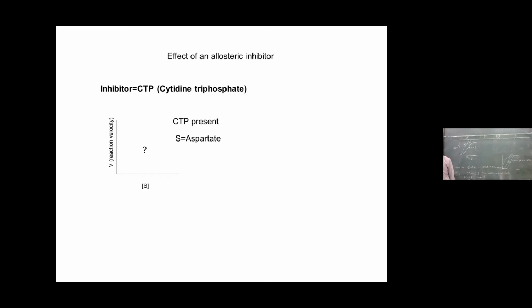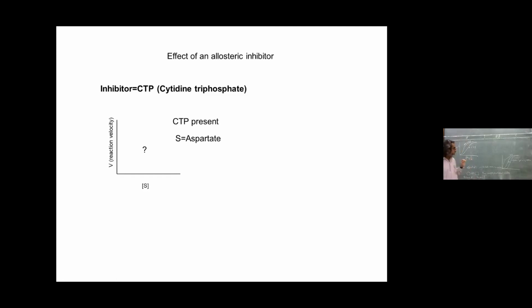So how do we explain this in terms of the MWC model? We learned that in the MWC model, the enzyme needs to be multimeric and have symmetry, and each subunit can bind and catalyze reactions. The individual subunits can be in different conformations, and the ligand preferentially binds one.